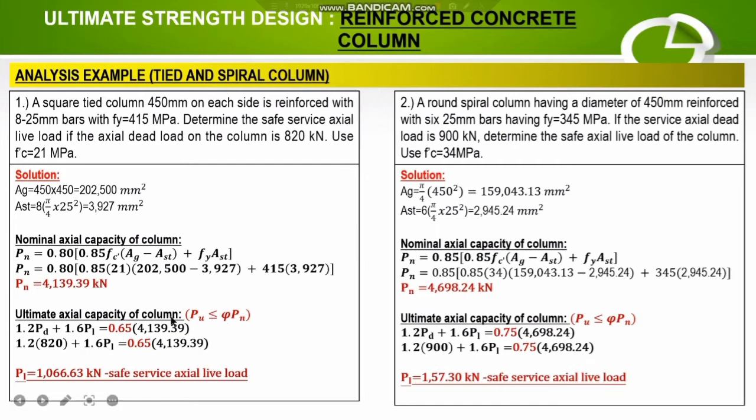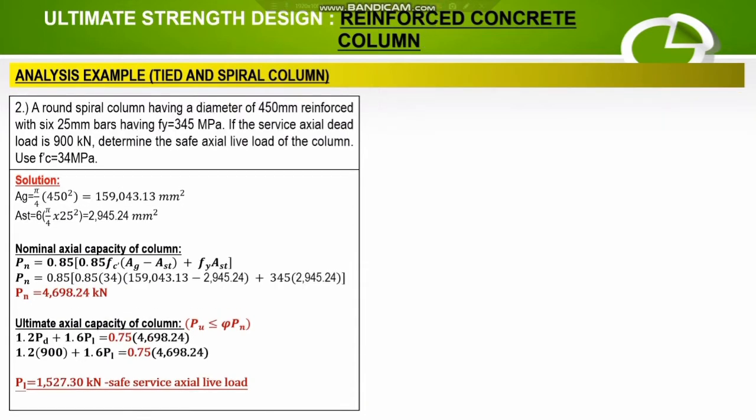So substituting phi, 1.2 times 820 plus 1.6 PL is equal to 0.65 times 4139.39. The result is PL equal to 1066.63 kilonewtons. So this value is the safe service axial live load of our column.